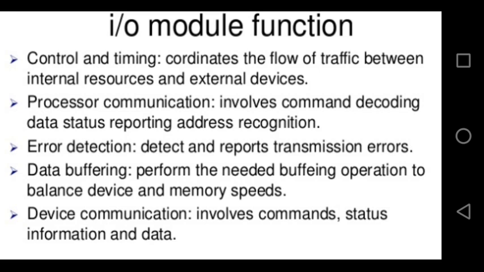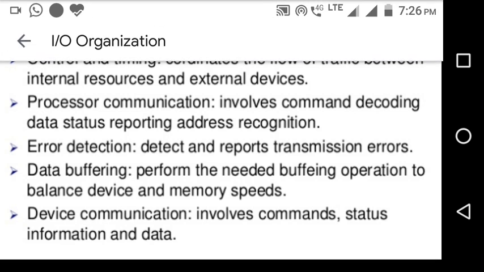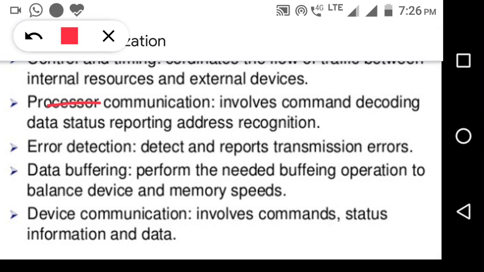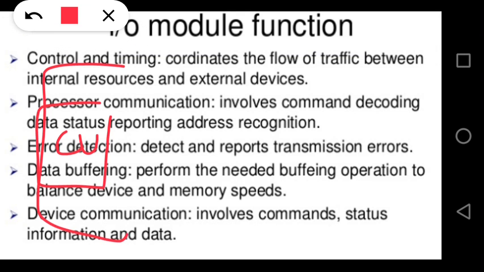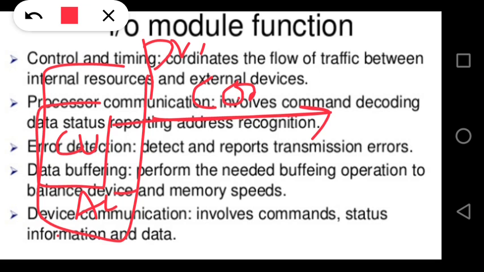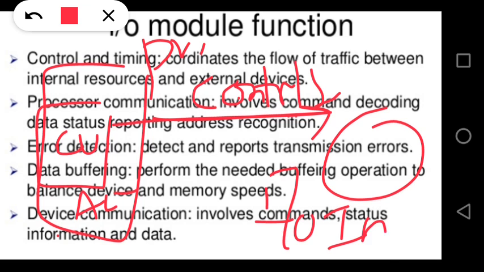So the IO interface may receive control signals from the control unit, which is part of the processor. If this is my control unit, which resides in the processor with the ALU and registers, it can send control signals to the IO interface, which contains interface units, which are nothing but hardware.